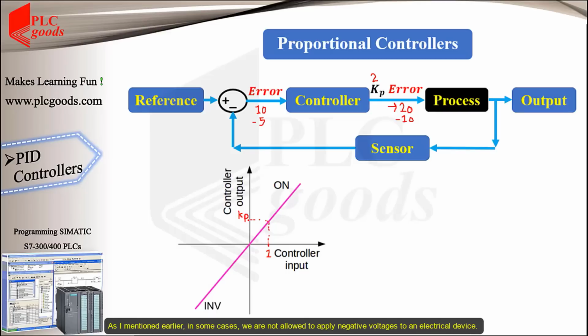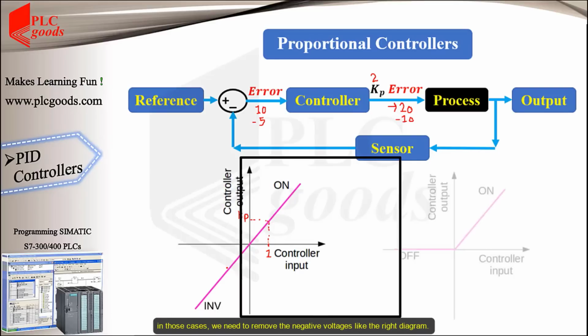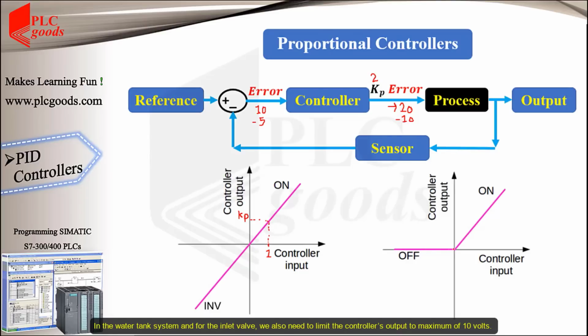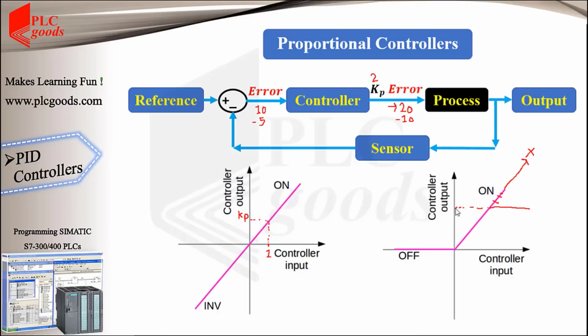As I mentioned earlier, in some cases, we are not allowed to apply negative voltages to an electrical device. In those cases, we need to remove the negative voltages like the right diagram. In the water tank system and for the inlet valve, we also need to limit the controller's output to a maximum of 10 volts, since voltages greater than 10 volts cannot be applied to the inlet valve.